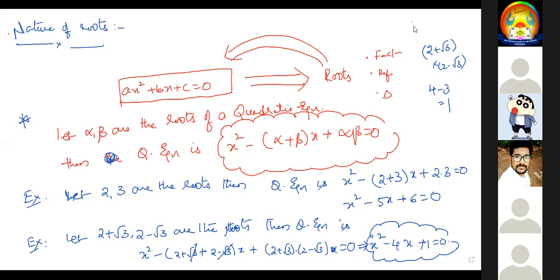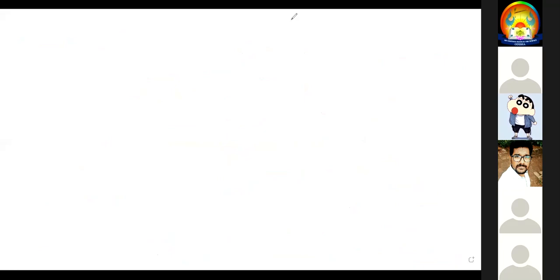Now I'm talking about the next one, nature of roots. So see, before I write the nature of the roots, if I have the equation like x square minus 5x plus 6 equal to 0, then the roots are 2 comma 3.